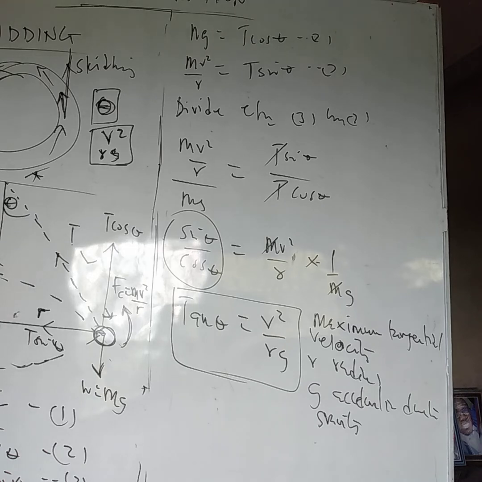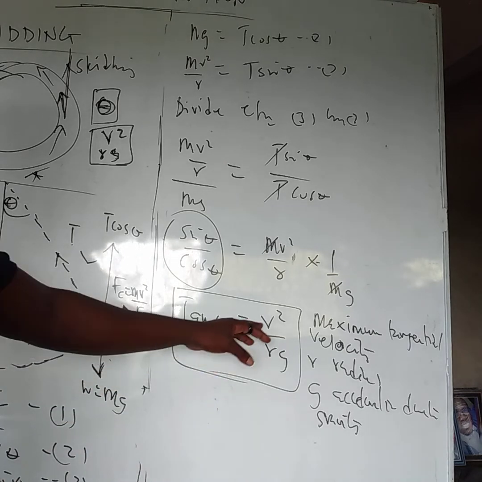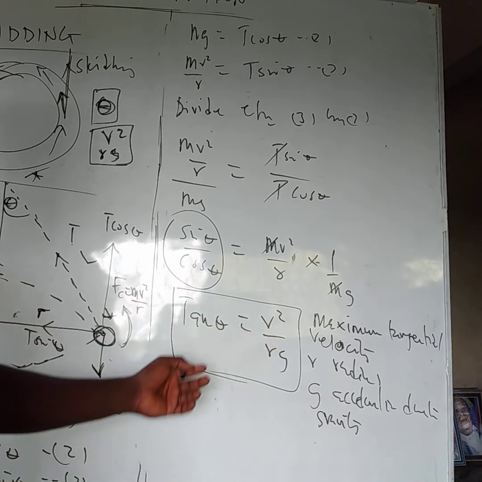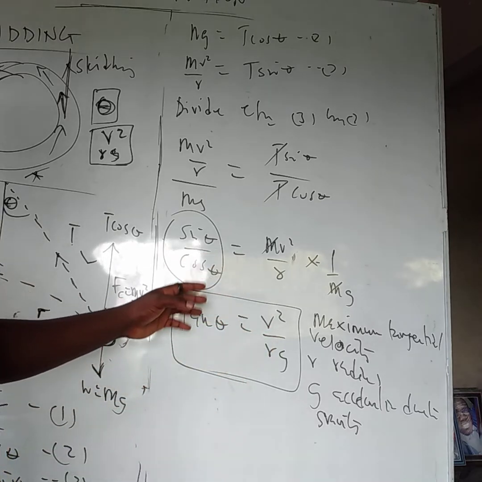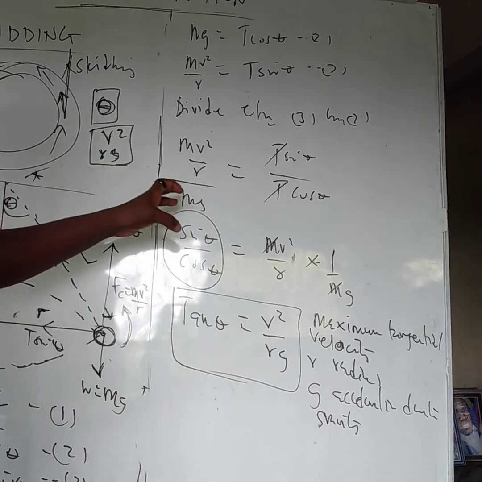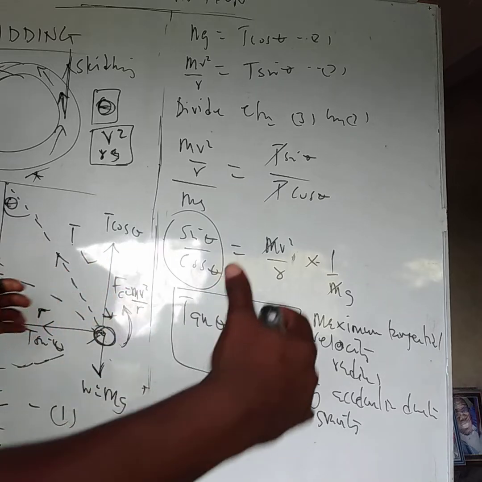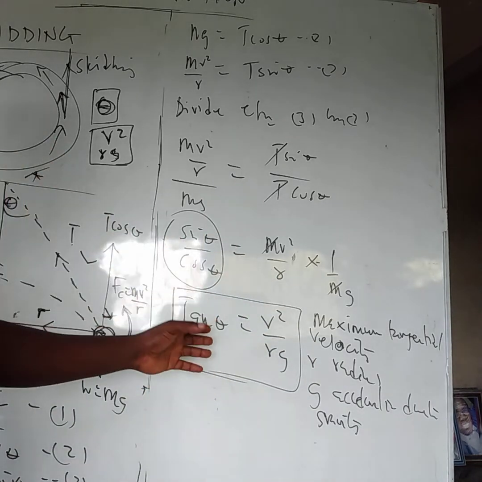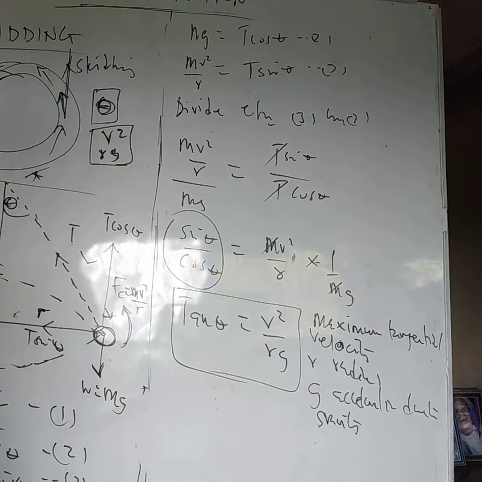So when the tangential velocity v is large, theta must also increase accordingly to avoid skidding. This is the basic principle for driving a cyclist or anything moving in a curved path, so that you avoid skidding.